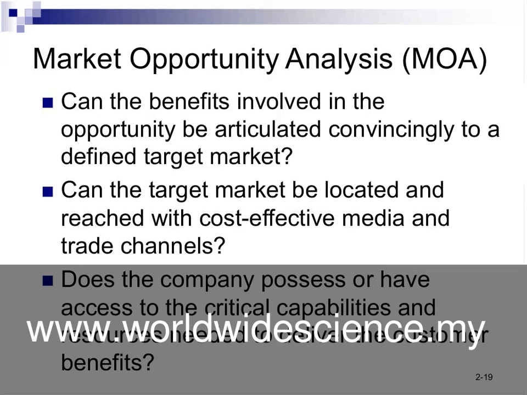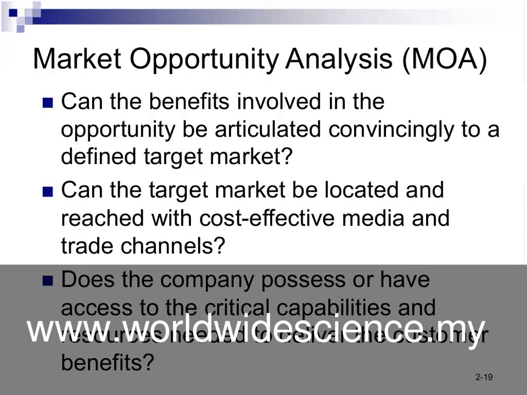And then the last one is, does the company possess or have access to critical capabilities and resources needed to deliver the customer benefits? So the next question you got to ask is, does the company possess or have access to those critical and most important capabilities and also resources to deliver those benefits that you're trying to give to those customers?